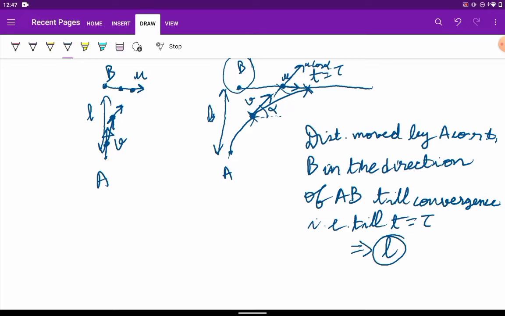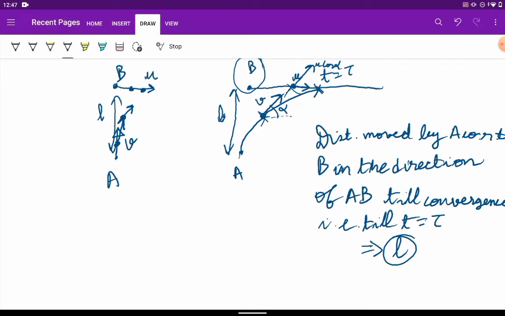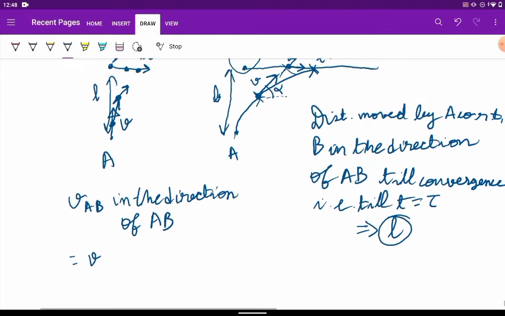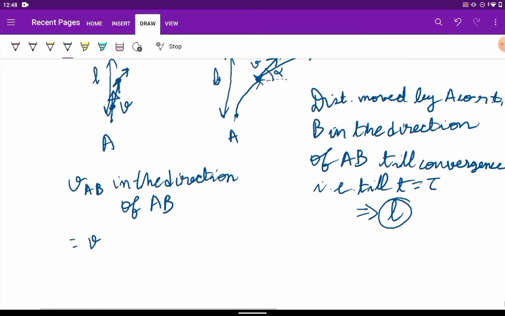So with respect to B, the velocity of A in the direction of AB is v minus u cos alpha.